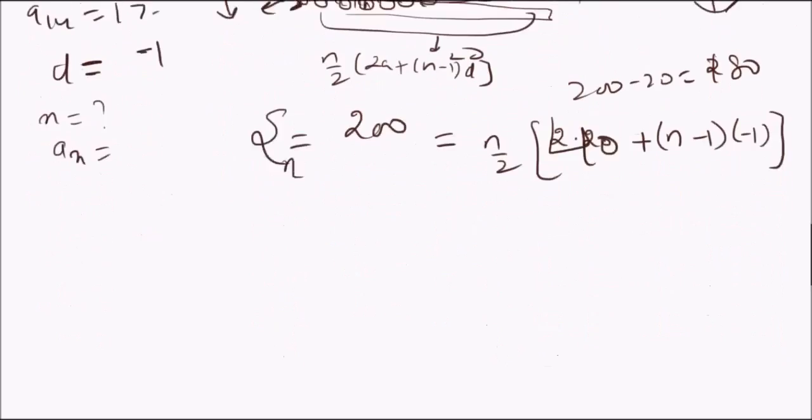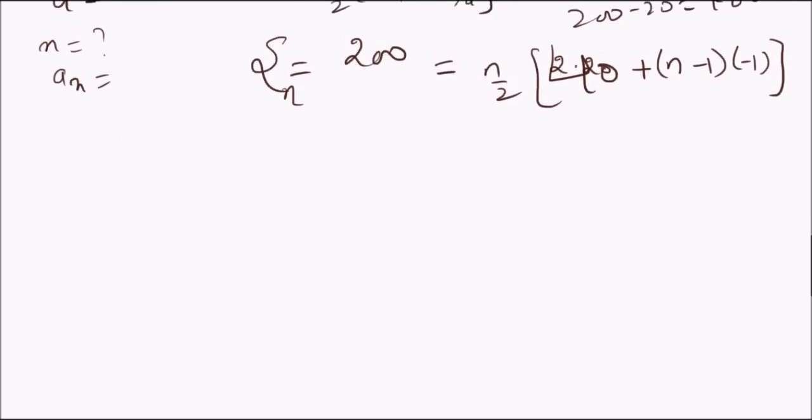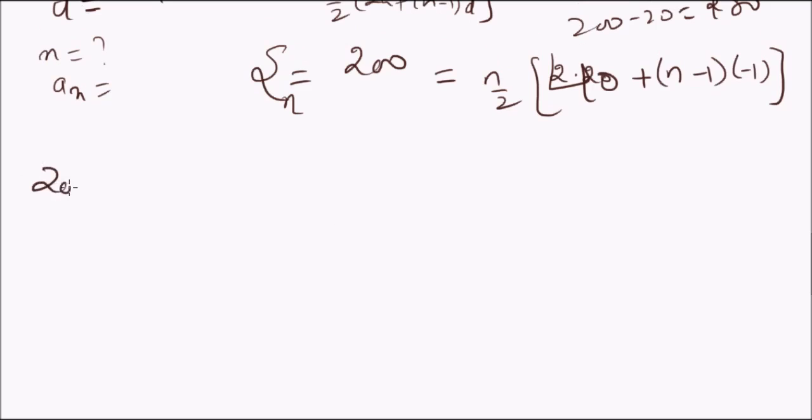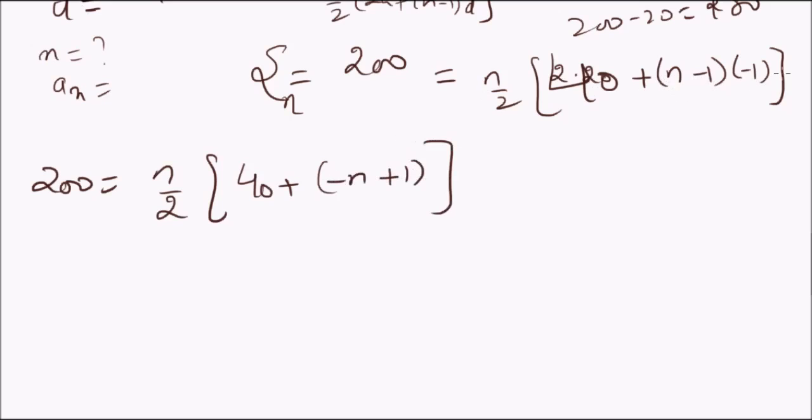Thus the equation reduces to 200 equals n by 2 into 40 plus, multiplying this minus 1 with the bracket, minus n plus 1, because n into 1 is n, and the negative will introduce a negative sign with n. Similarly, minus 1 into minus 1, the two negative signs give a positive sign.